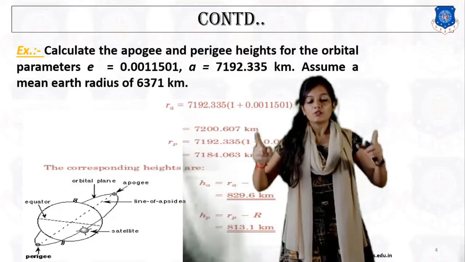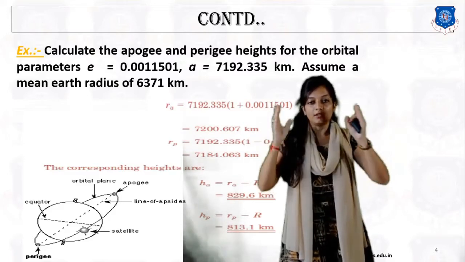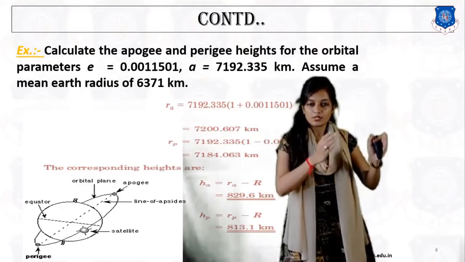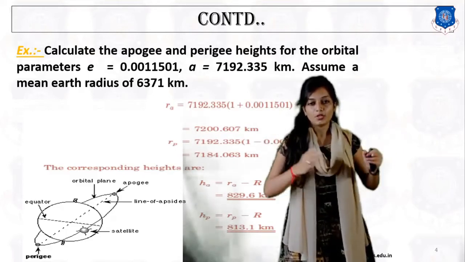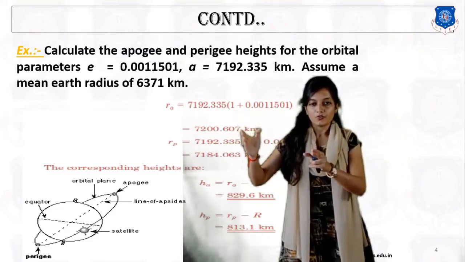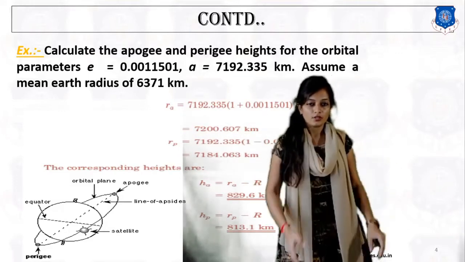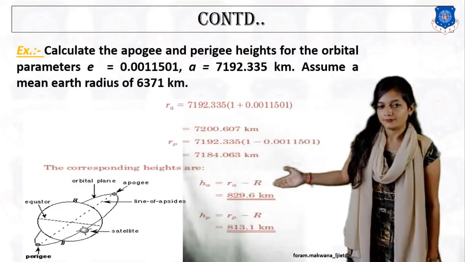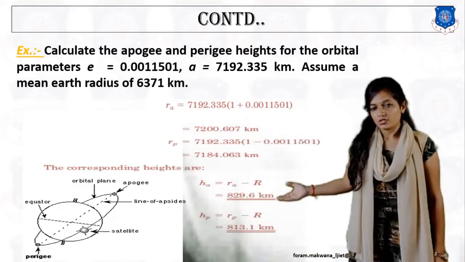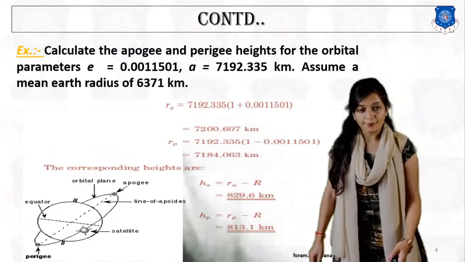If we subtract the radius of Earth from the radius of apogee, we are able to calculate this distance. So this distance is known as the height. Total radius, that is radius of apogee minus radius of the Earth, will give you the height of the apogee. So we have done over here. Similarly for perigee. So this is the height of apogee and this is the height of perigee.